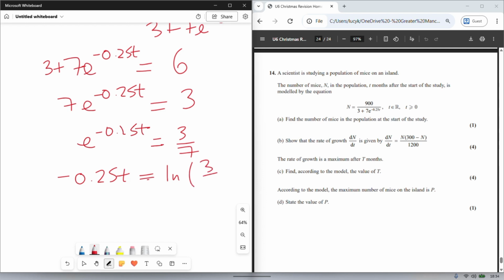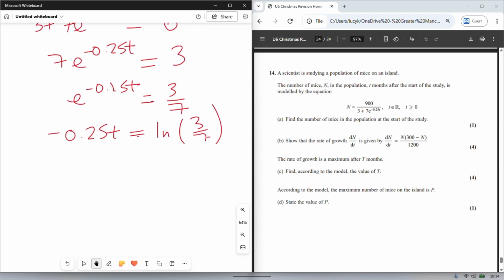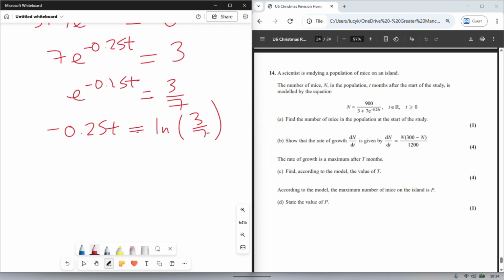Then we divide through by the minus 0.25, which is the same thing as multiplying by minus 4. So t is equal to minus 4 log 3/7. And then if you put that in your calculator, that will be about 3.4 months to 1 decimal place.